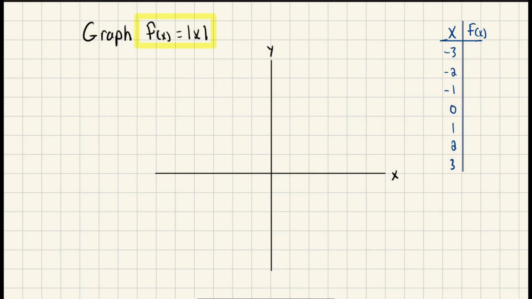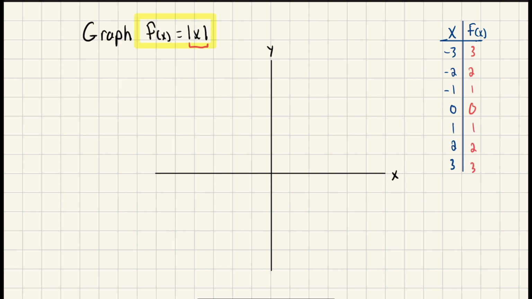Now, if we were to graph the absolute value function here, given that whatever value of x, be it negative or positive, is going to be the value of y, we fill it in as such: x of negative 3, f of x would be 3, negative 2 would be 2, negative 1 would be 1, 0 would be 0, and then 1 would be 1, 2 would be 2, and 3 would be 3.